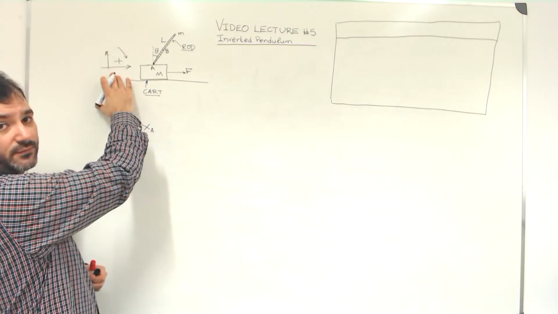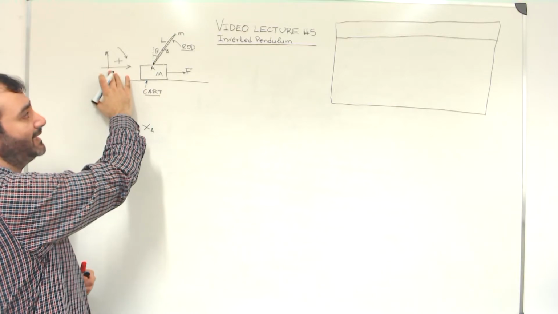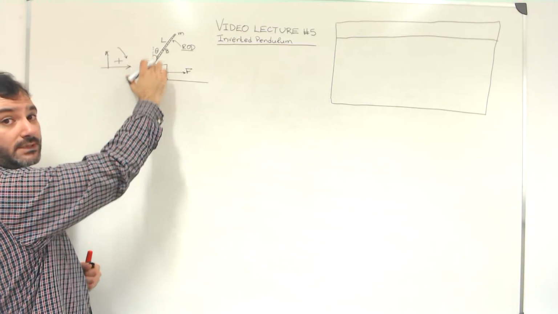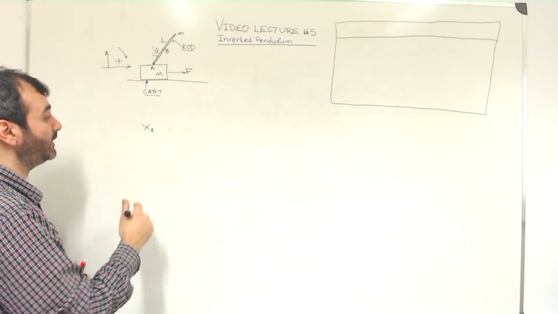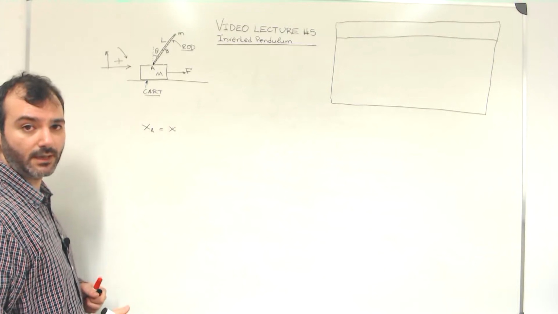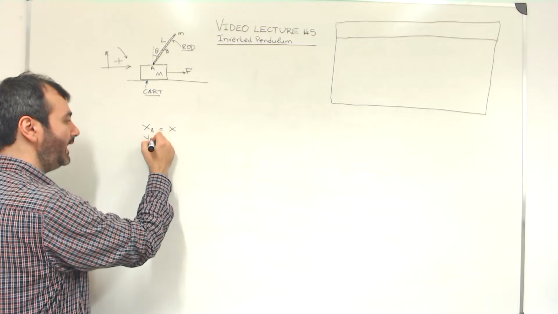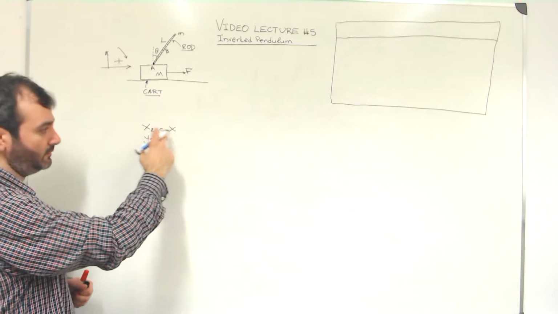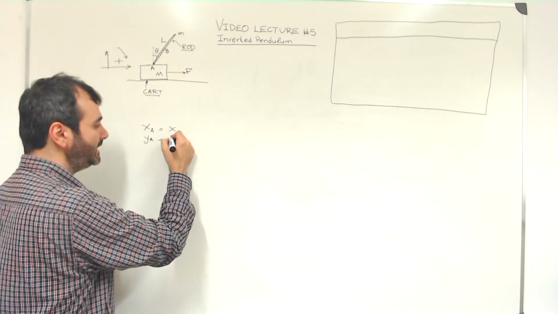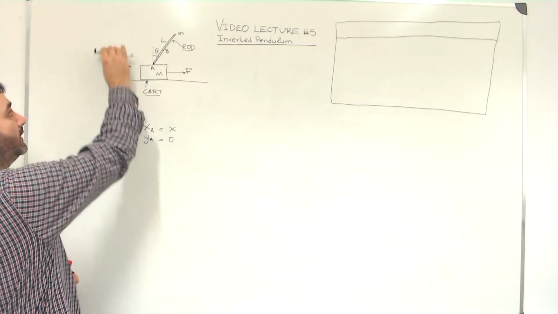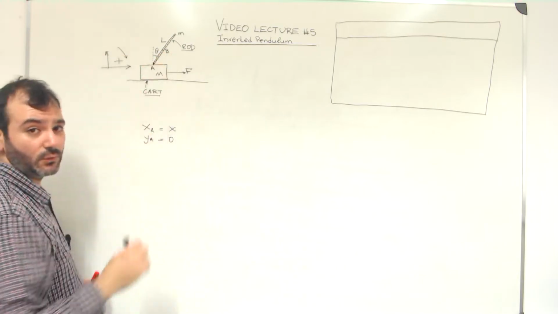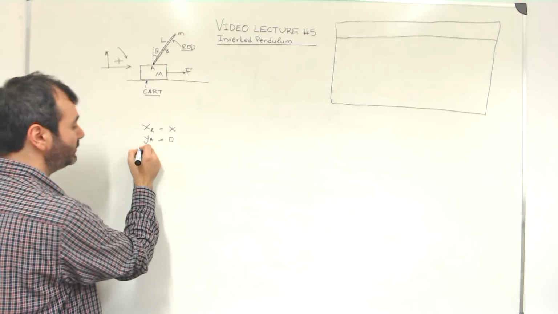Having introduced this frame of reference, just to practice a little, what are the coordinates of points A and B with respect to it? X of A is just some x, we call it x. And Y of A is 0. We can move it wherever we like. We'll move it exactly here so that the altitude, so to speak, of point A is equal to 0.